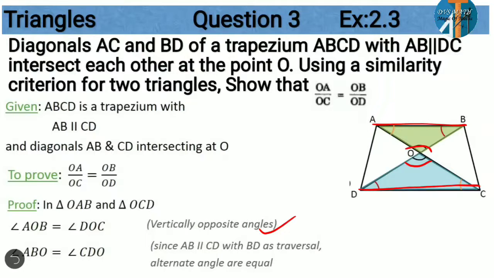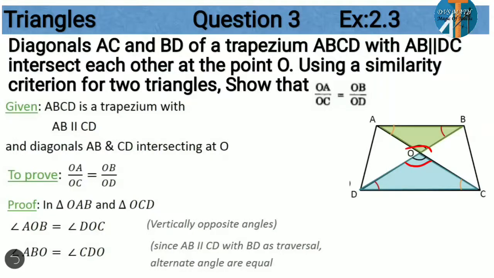As you all know, if we consider a transversal, alternate angles are equal, right? Here you can consider two alternate angles, that is angle OAB and OCD, or OBA and ODC. We can consider any one, because with AA similarity also we can prove that those two triangles are similar.